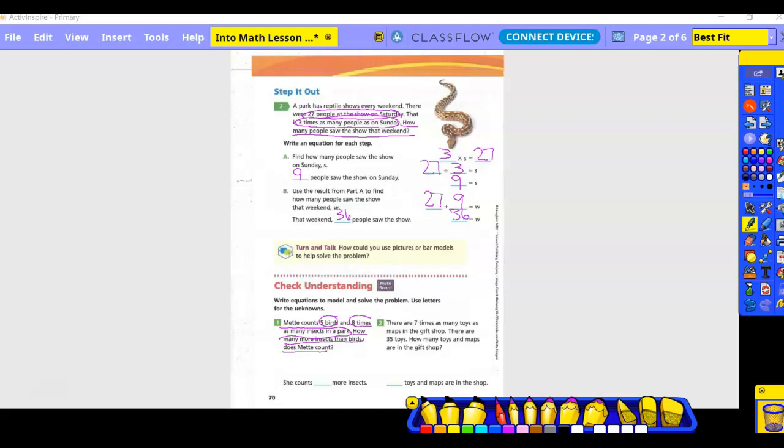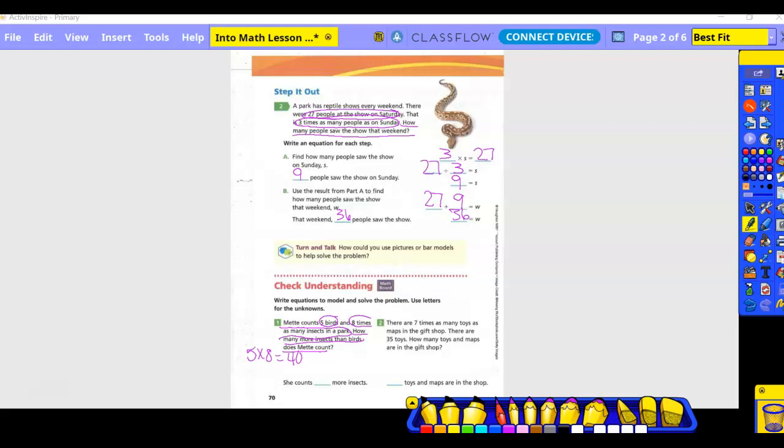So what do we need to do first to find the insect? Multiply. So 5 times 8 equals what? 40, right? Okay, so that's our number of insects. And now they want to know how many more insects there are than birds.